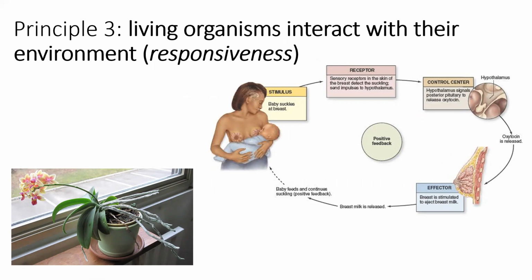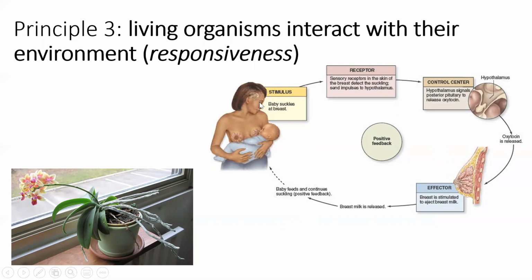to the environment, whether it be, for example, right here, the breastfeeding of a baby, which again is a series of chemical reactions that are picked up in the brain.